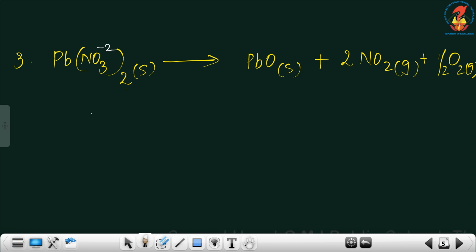Lead, we know the oxidation state is +2 because it is a group 2 metal. It is a neutral species, so the sum should be equal to 0. Nitrogen, let it be X.